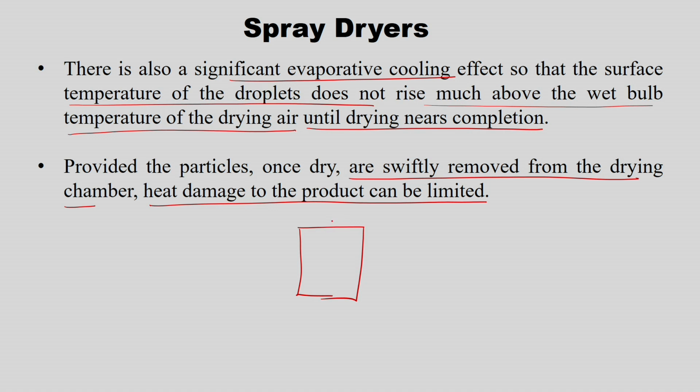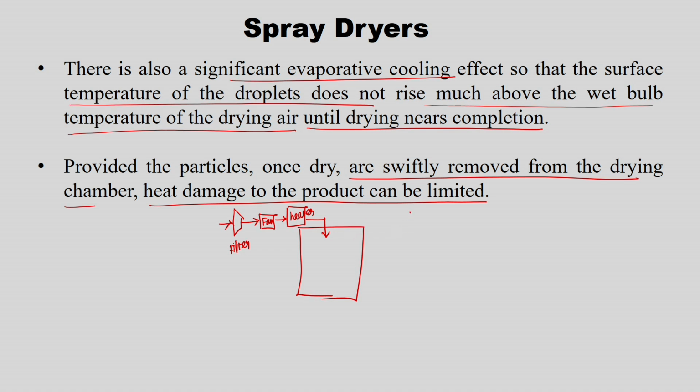Okay. So here you get the air filtered. Remember, this is a food processing application, so we need to take care about the air quality as well. Then using a fan and heater, hot air is given to the drying chamber.